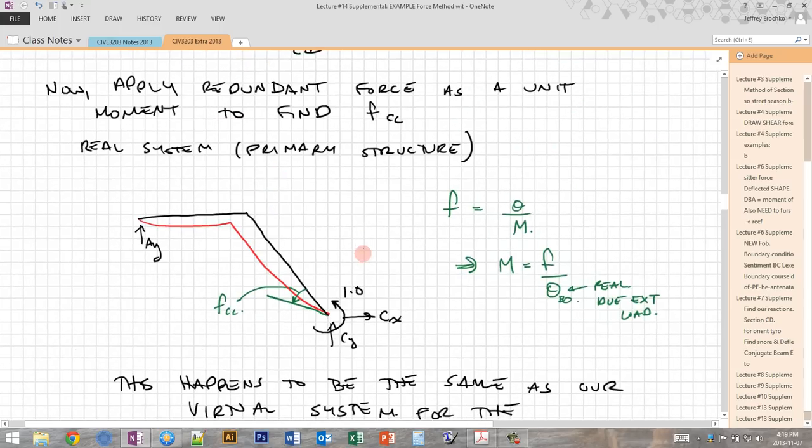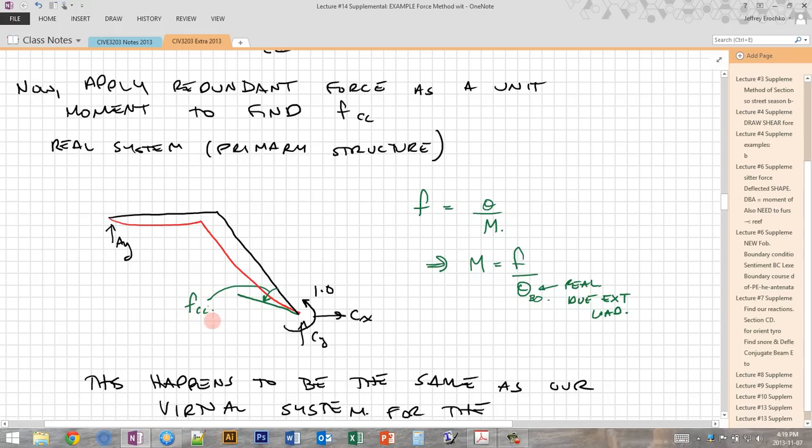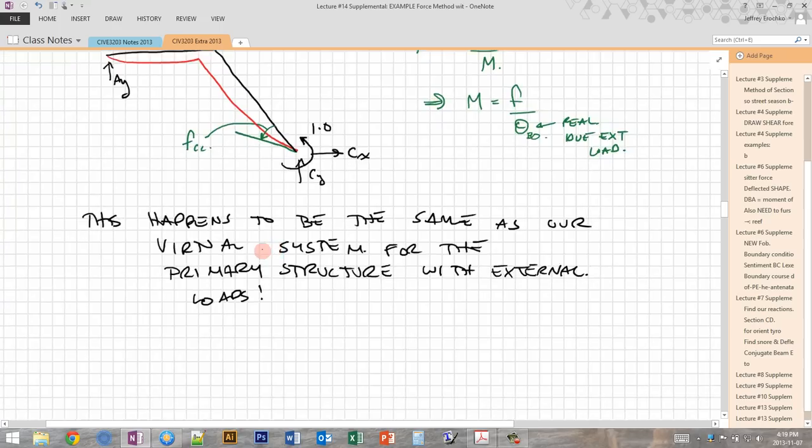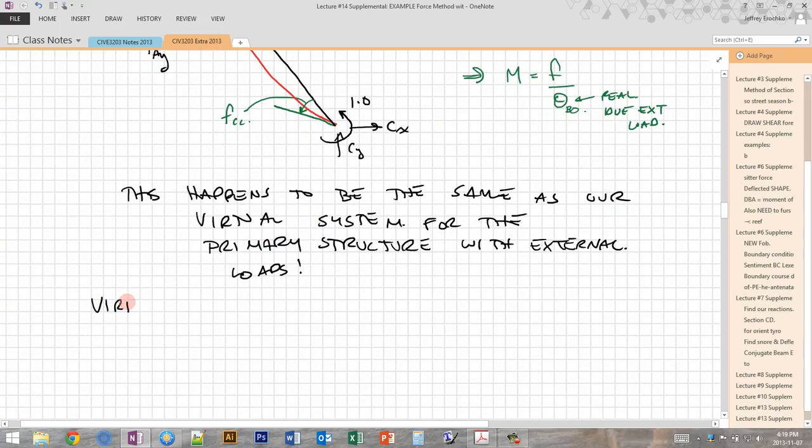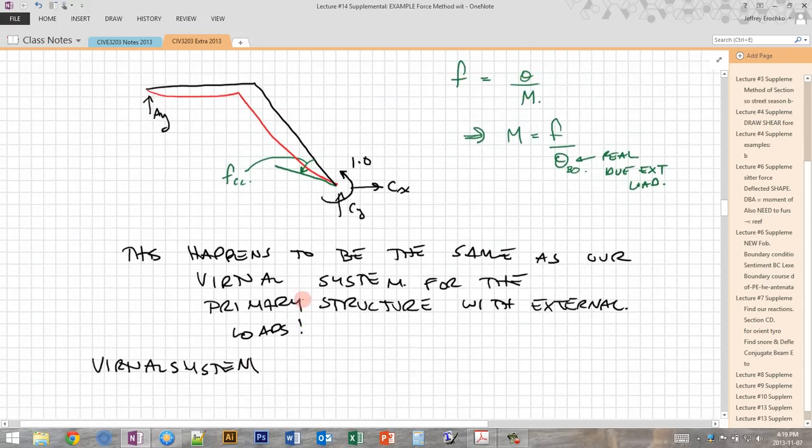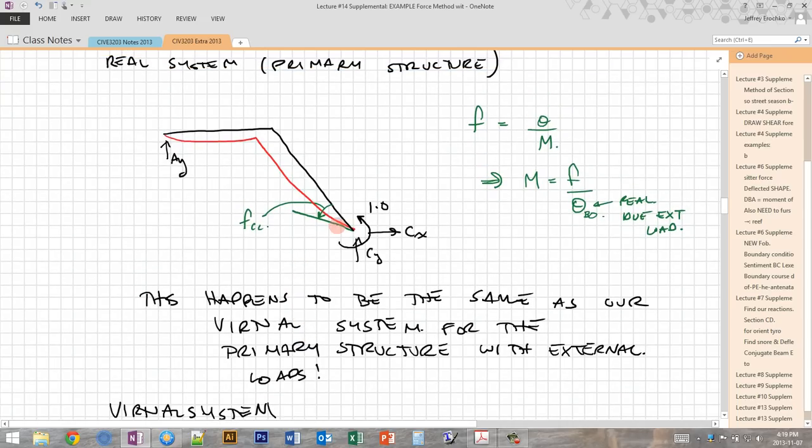Now, if we want to find this rotation, f_CC, and we want to use virtual work, we have a real system, and this is our real system. But then we also need a virtual system. You'll recall that for our virtual system, we have to apply a unit load or a unit moment at the location and in the direction of the rotation that we want to find.